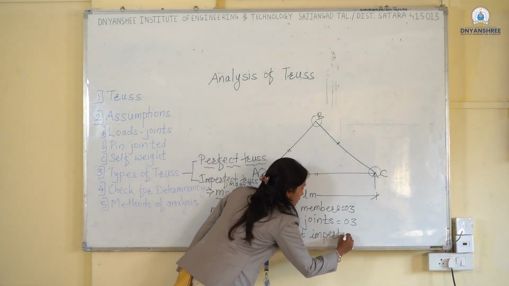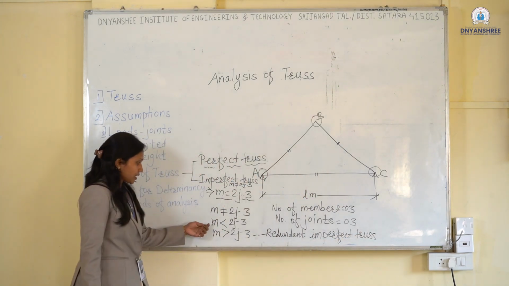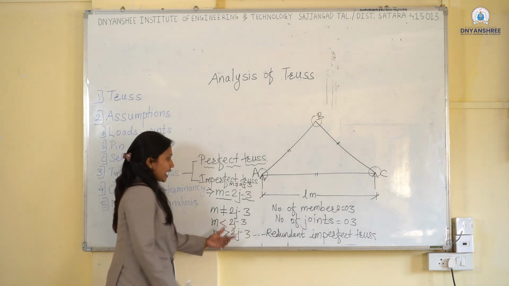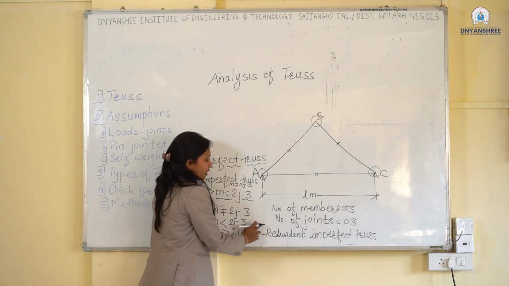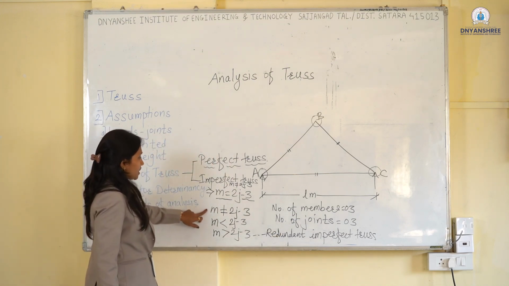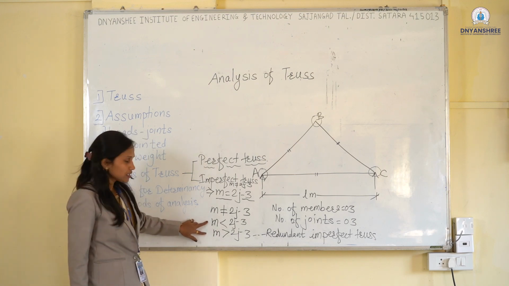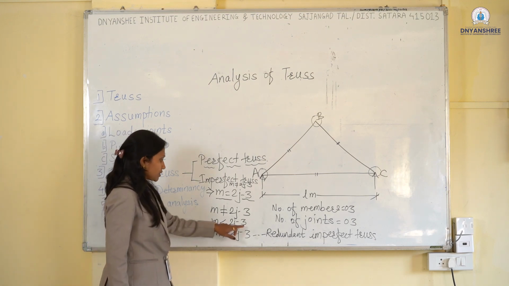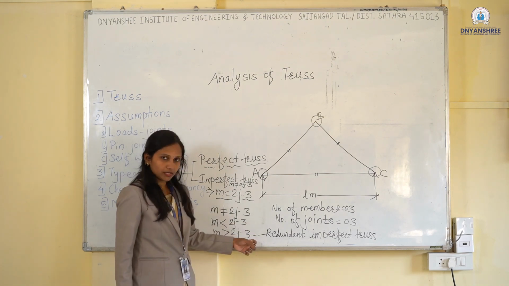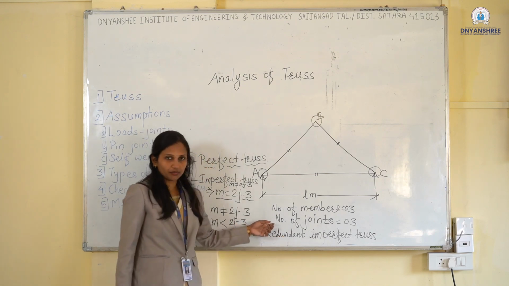And whenever there is some deficiency, that means m is less than 2j minus 3, it is known as a deficient imperfect truss. So we have two types for the imperfect truss: redundant imperfect and deficient imperfect truss.